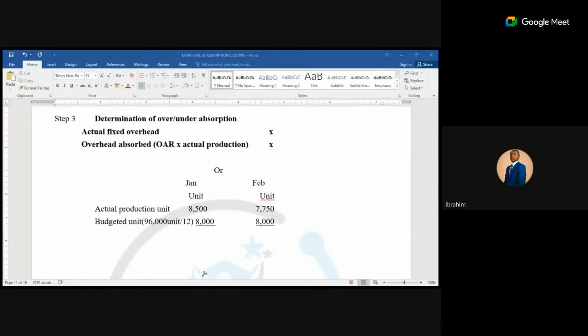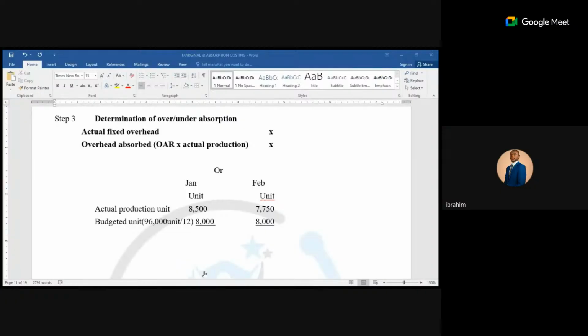Is it over or under, class? It is over for January, and it is under for February. It is over for January because the additional units that you produce become a gain to the company.